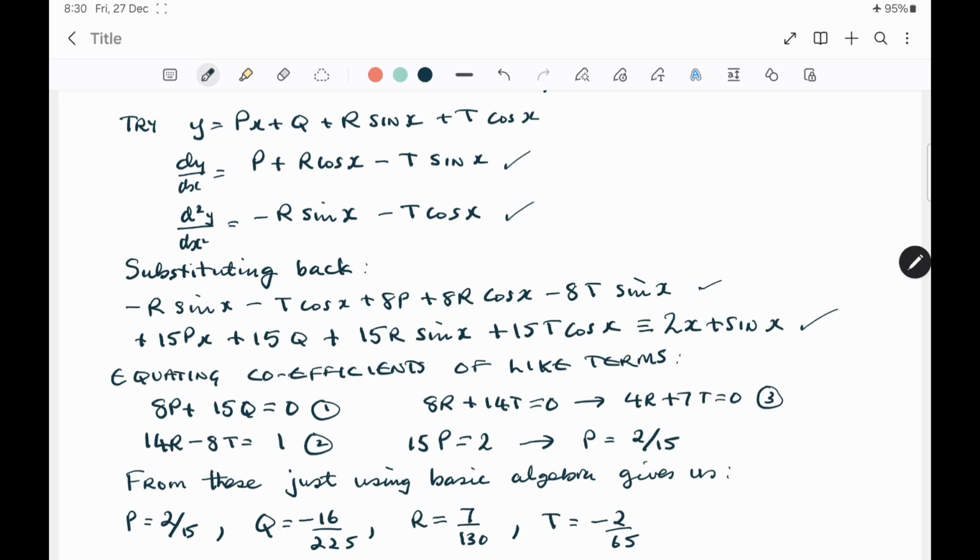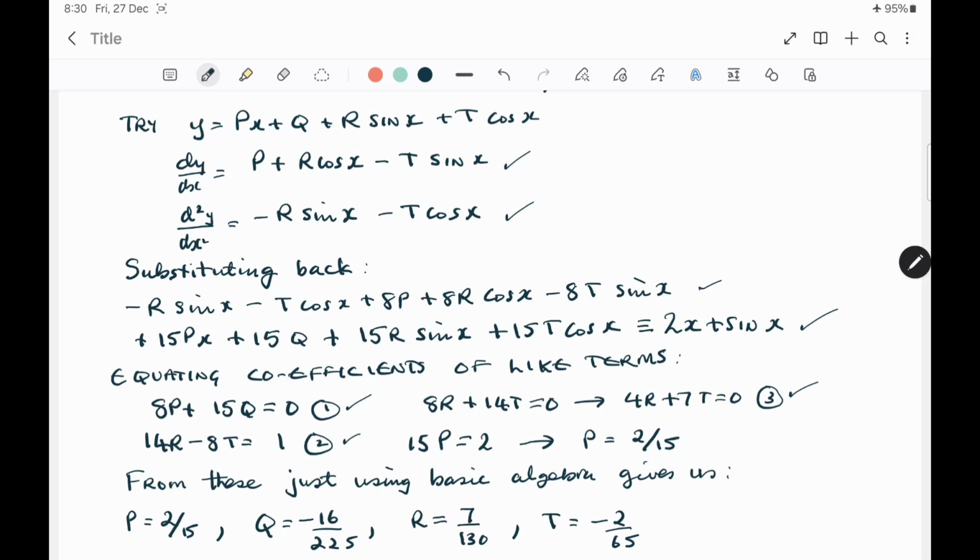And then equating the coefficients of like terms, we will get 8p + 15q = 0. That's this one here. 14r - 8t = 1. That's equation number 2. And 8r + 14t = 0, which simplifies slightly by dividing through by 2 to 4r + 7t = 0.